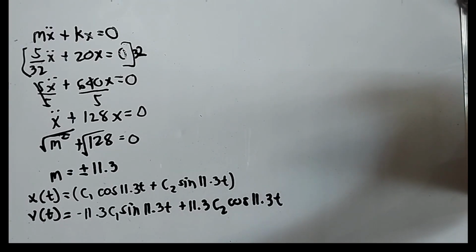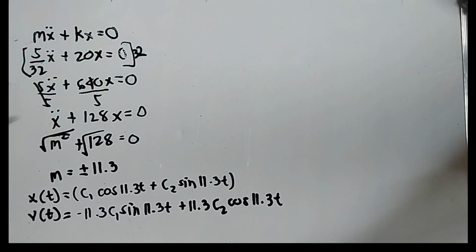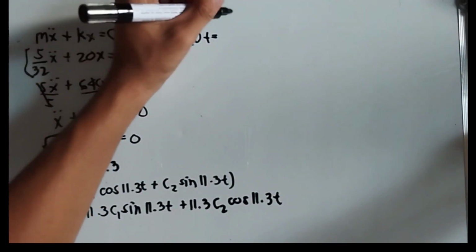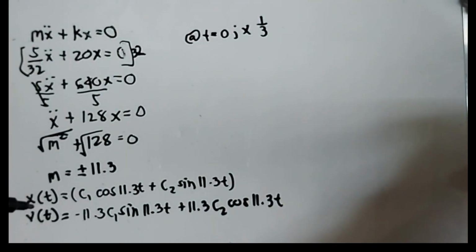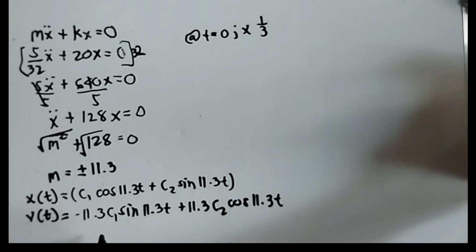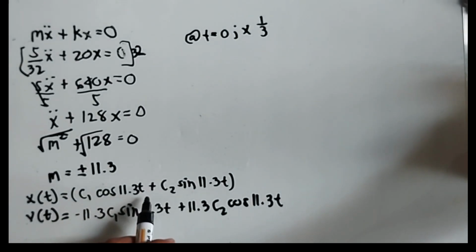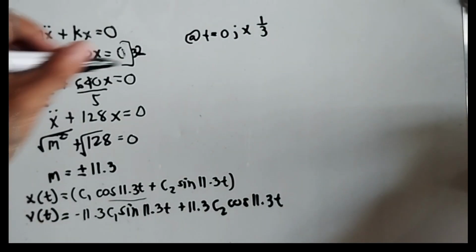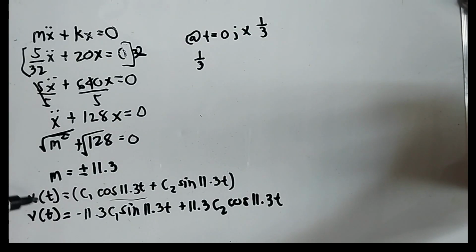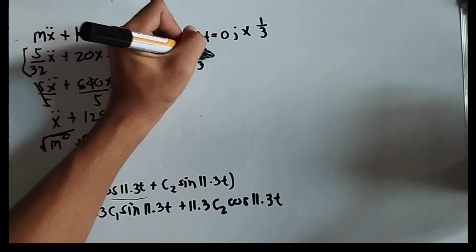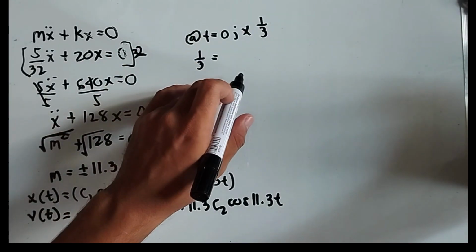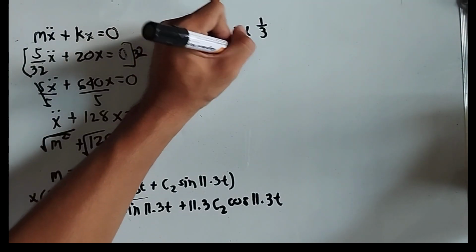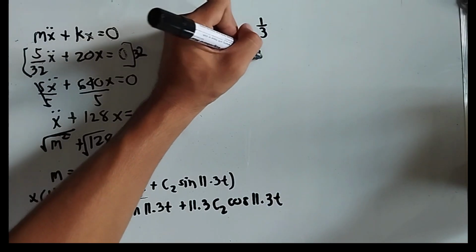Right now we're going to solve for the values of c sub 1 and c sub 2. We have the condition that at time t equals 0, x is 1/3. Based on the given, we're just going to substitute it into this equation. So we have 1/3, that was x, is equal to c sub 1 cosine of 11.3 t.